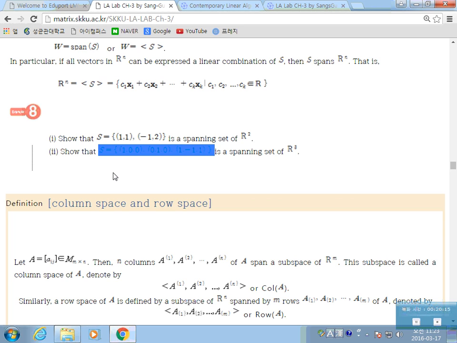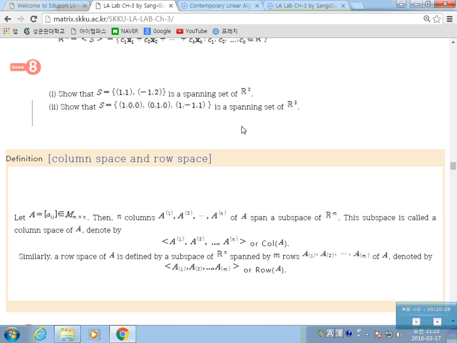So there exists a solution C1, C2, C3. So any vector in R3 can be written as a linear combination of these three vectors. Got it? So this is a spanning set.